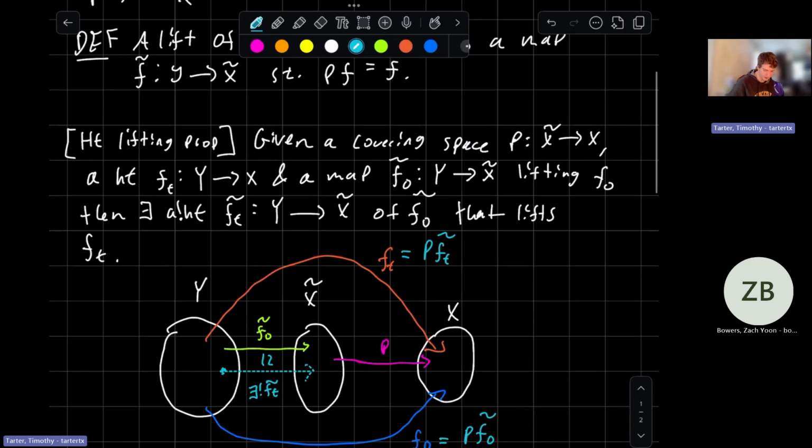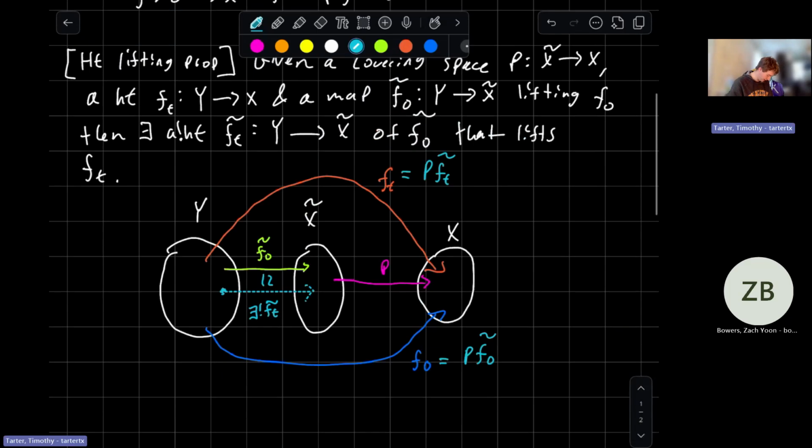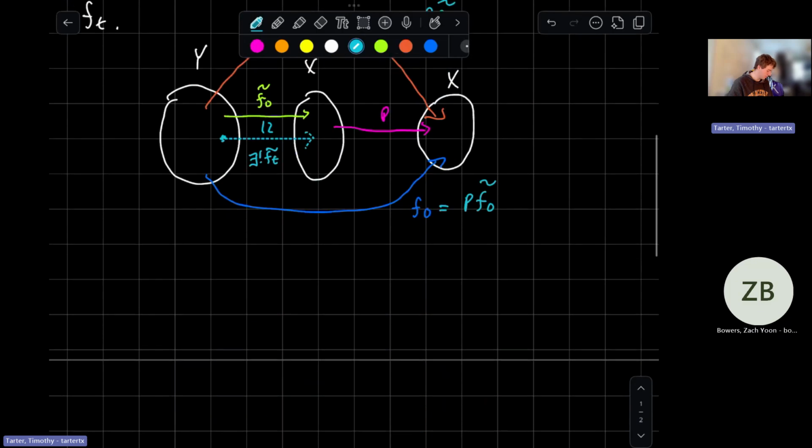I don't know. I guess I'm just not understanding the importance of the lift. Maybe that'll become obvious the further we get.